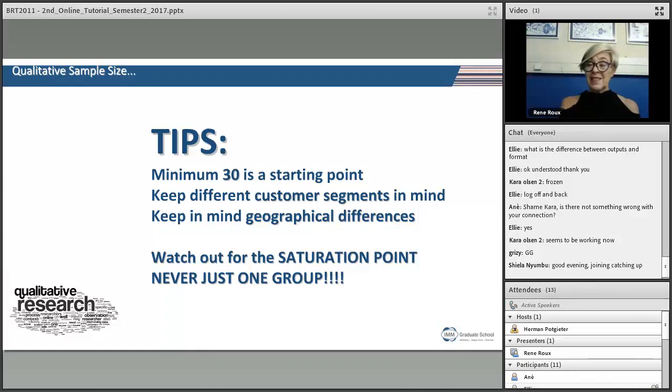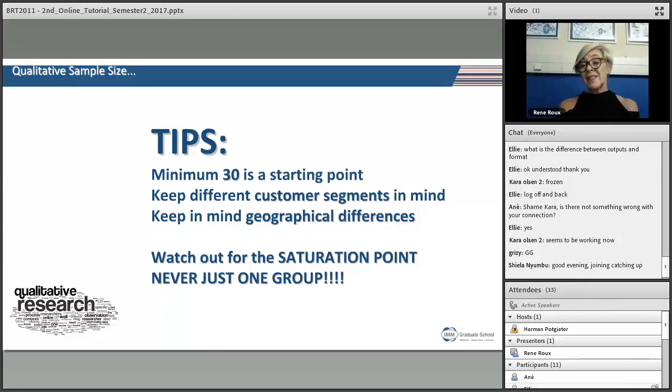You also need to consider language. People that participate in qualitative research talk a lot, so they need to be comfortable in this language. In South Africa, we have 11 language groups. So if it's important to get the views of different language groups, you can't just do 3 focus groups of 10 in a group.